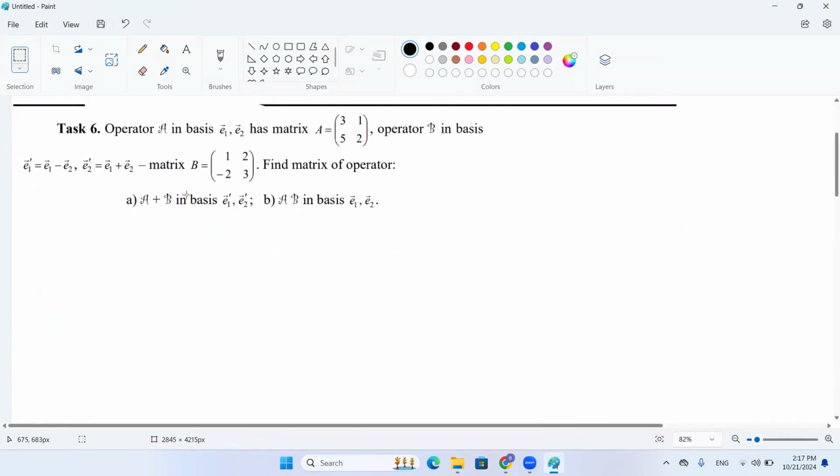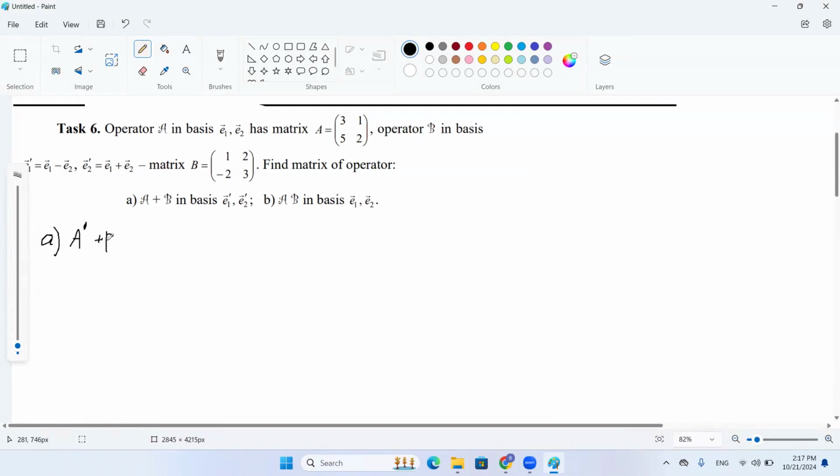The first part A is to find the sum of operators A plus B in basis E1 prime, E2 prime. So how to solve? Any ideas? Raise your hands. Maxim? Firstly, we need to find the matrix A in the prime basis and then add it to the matrix B.